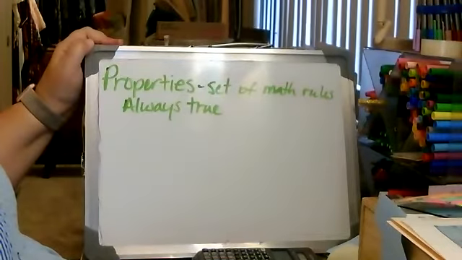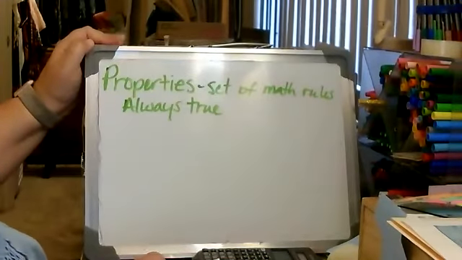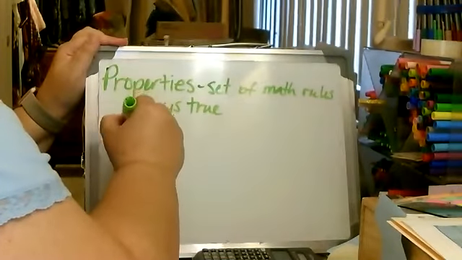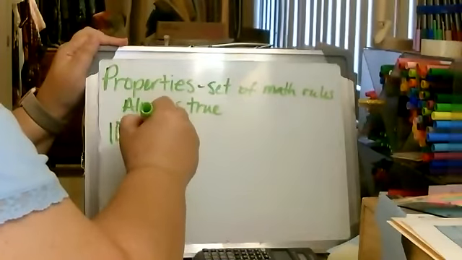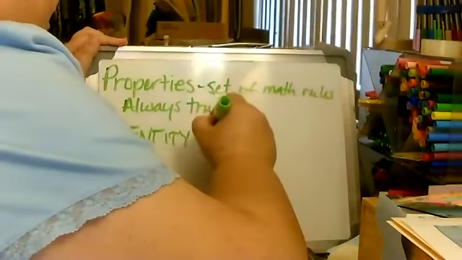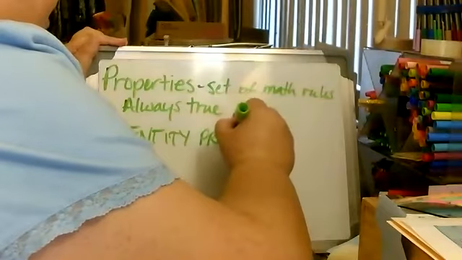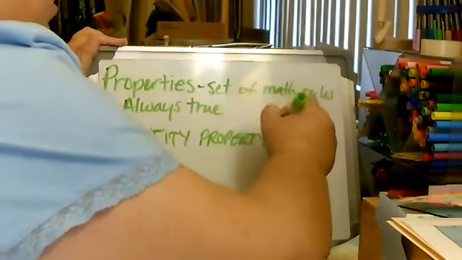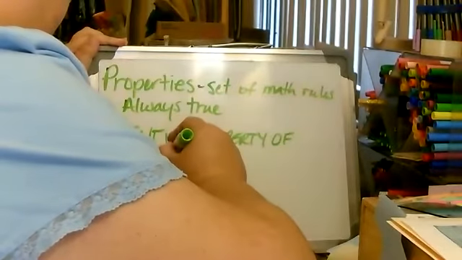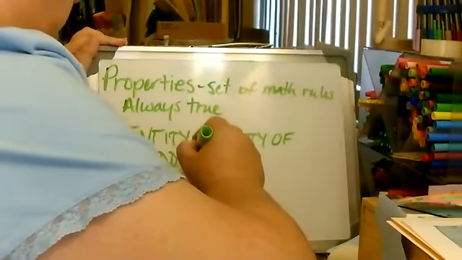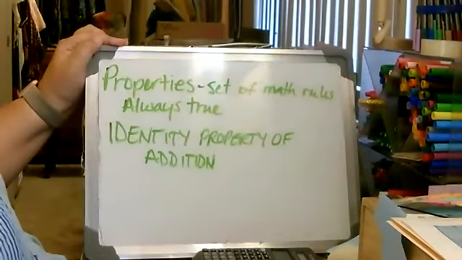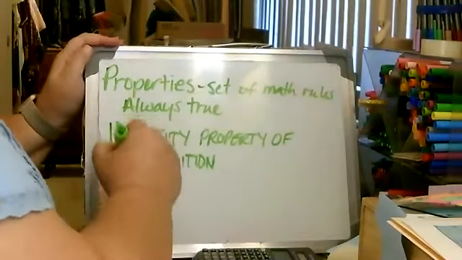Okay, so an important property is the identity property of addition. And it looks like this.